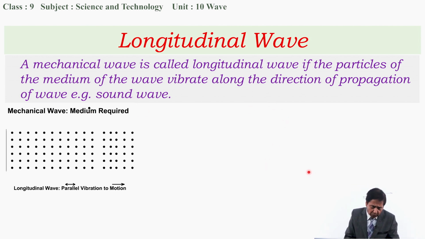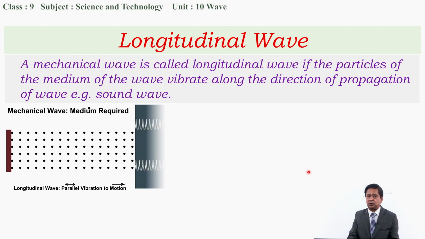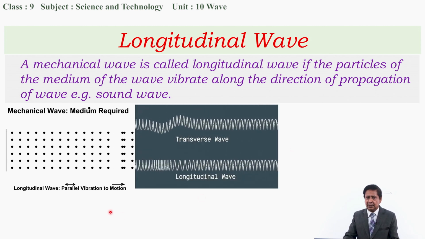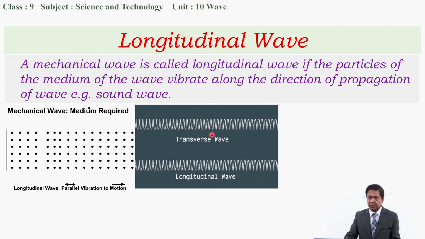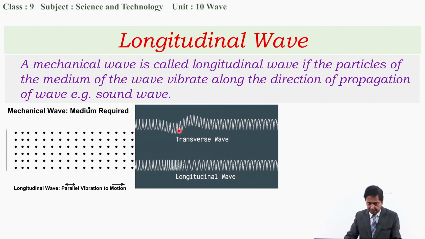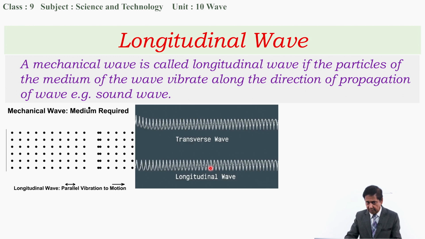Now I want to differentiate the sound wave, the longitudinal wave, from the transverse wave. Look at this. This first animation represents the transverse wave and the second animation represents the longitudinal wave. In a transverse wave, the particle moves up and down, but energy is transmitted towards this direction. The wave is traveling towards this direction.